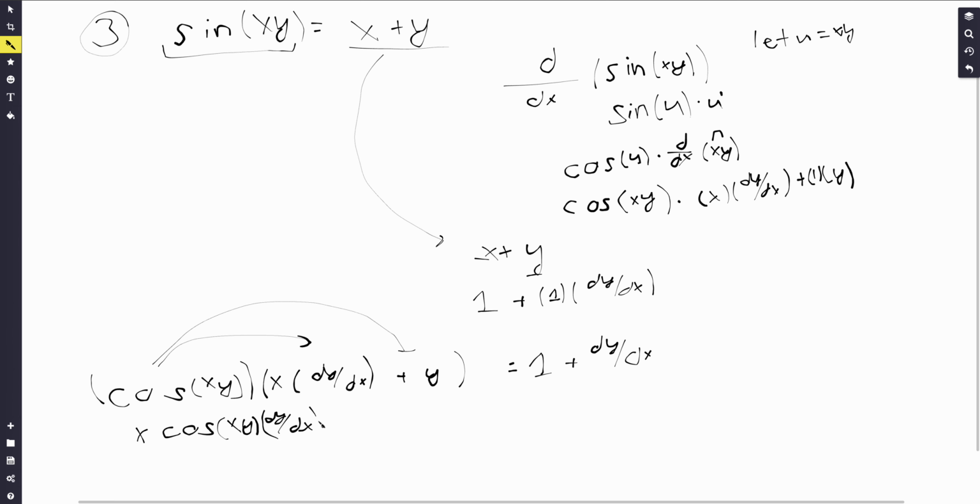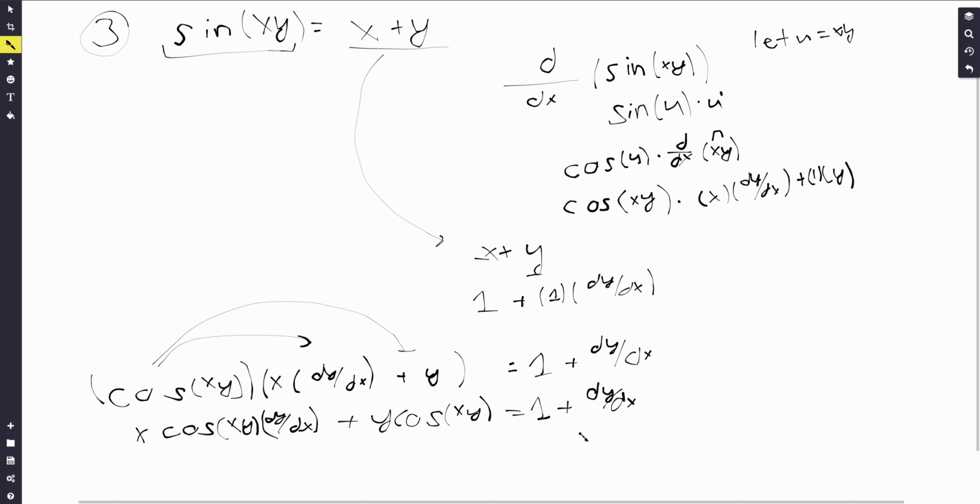I'm just going to do that in parentheses, and then plus y cosine xy, and that is still going to be equal to 1 plus dy over dx. Remember, our final goal is to solve for dy dx. Make sure you guys stay on that.